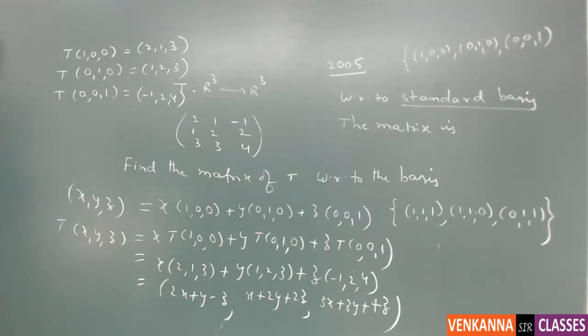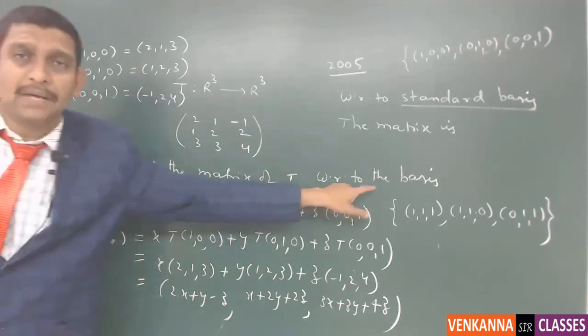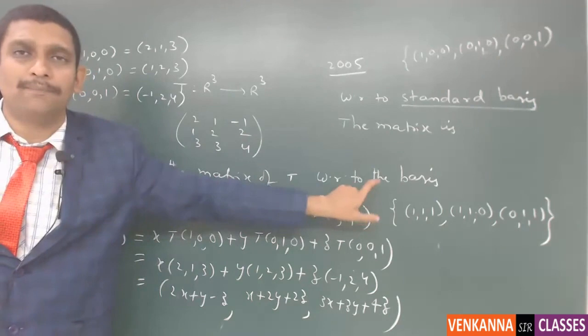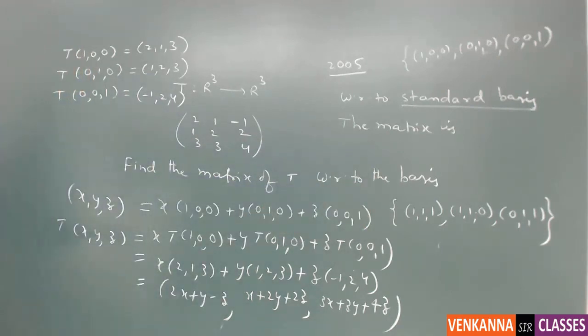Fine. So if you observe the question tag, we need to find the matrix of the transformation with the basis given in the problem. Usually whenever the matrix of T is asked, you need to do 4 steps.